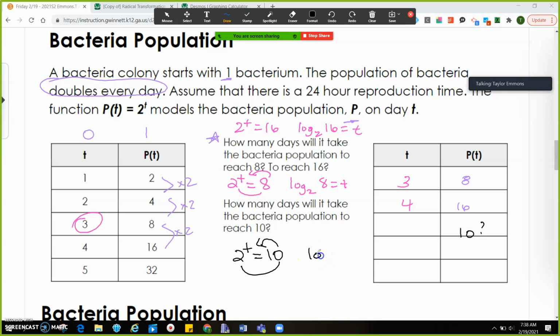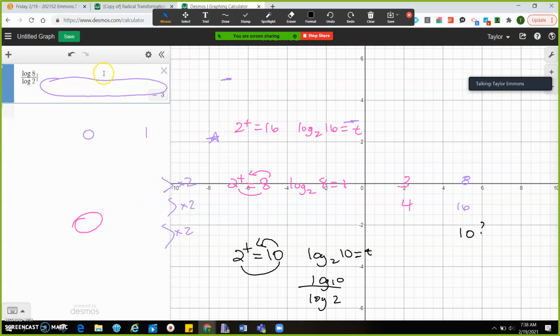So we'll have log base 2 of 10 to give us t. We'll do our change of base form, and then go into our calculator and type that in. So log of 10 divided by log of 2 is going to be 3.32.